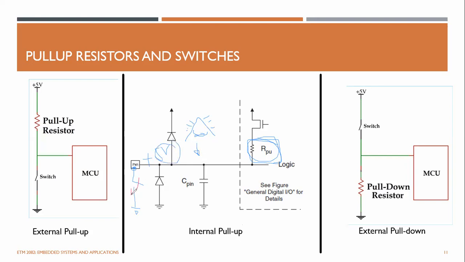If someone presses this switch, the current will flow through this resistor, through the switch to the ground, and this voltage will drop to 0, right? The rest of the 5 volt will drop across the internal pull-up resistor. Now you definitely know someone has pressed this switch. Based on that, you can take a control action, right? So that is the importance of having internal pull-up resistors.